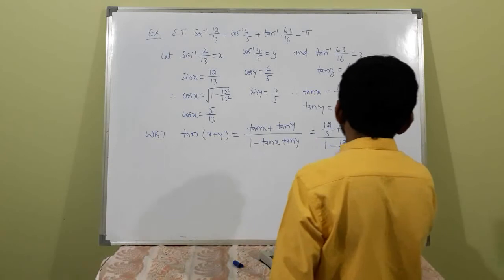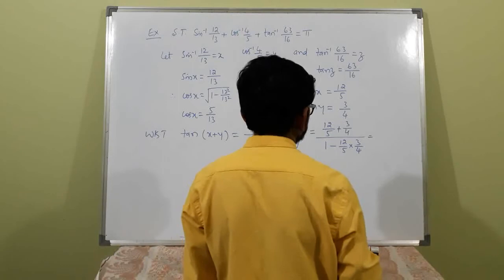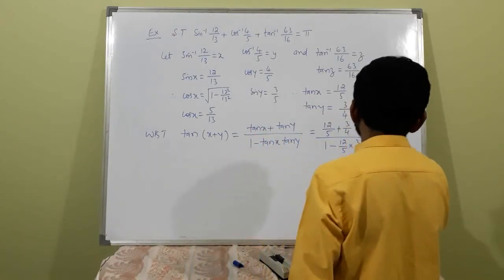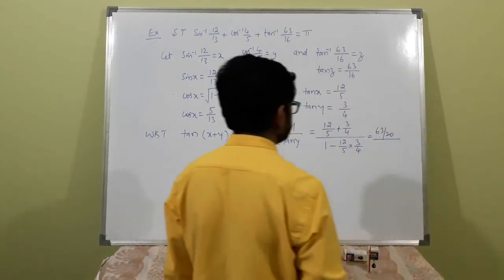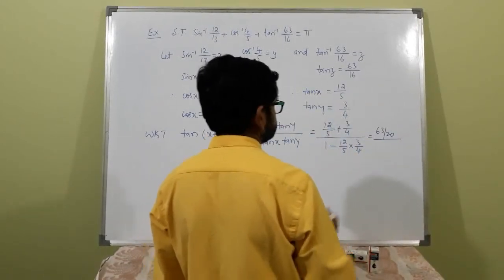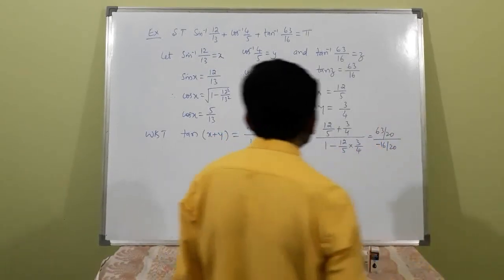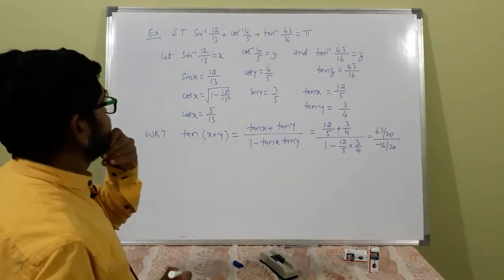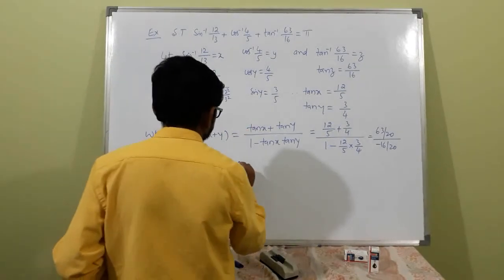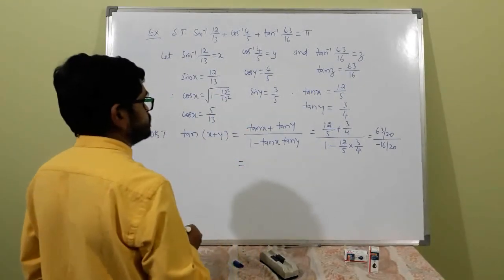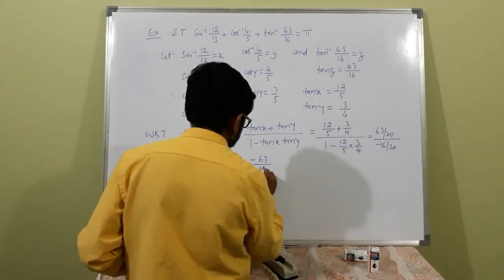Okay, this is 48 plus 15. 48 plus 15 means 63. 63 by 20 divided by 20 minus this, minus 16 by 20, so that will be 63 by this, which is equal to minus 63 by 16.